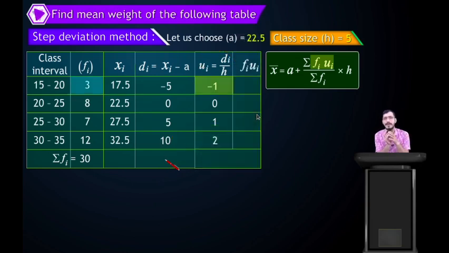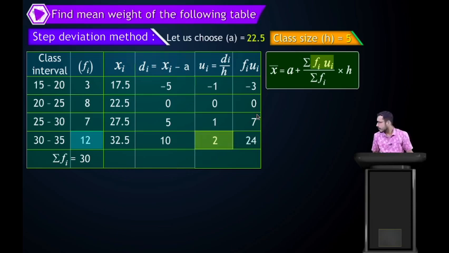Now find fi ui, which means multiplication of fi and ui. So 3 times -1 is -3. Now 8 times 0 is 0, 7 times 1 is 7, and 12 times 2 is 24.